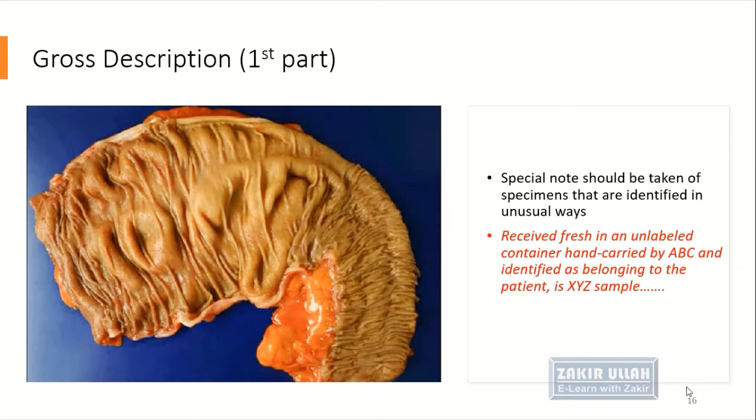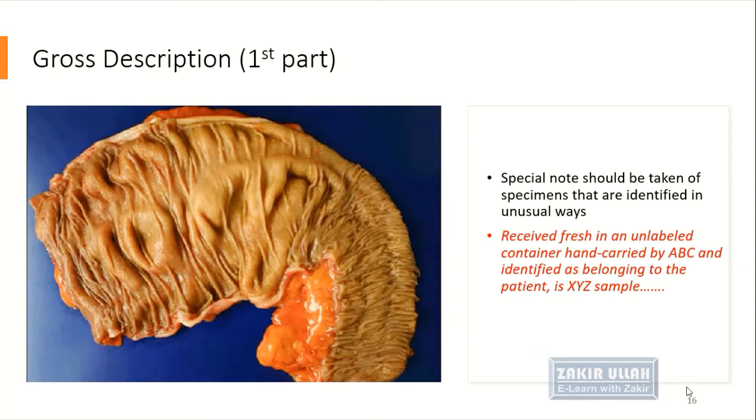If there is any unidentified specimen or it was received in an unusual way, it should also be noted, for example: received fresh in an unlabeled container, hand carried by Mr. ABC or Dr. ABC and identified as belonging to the patient XYZ.